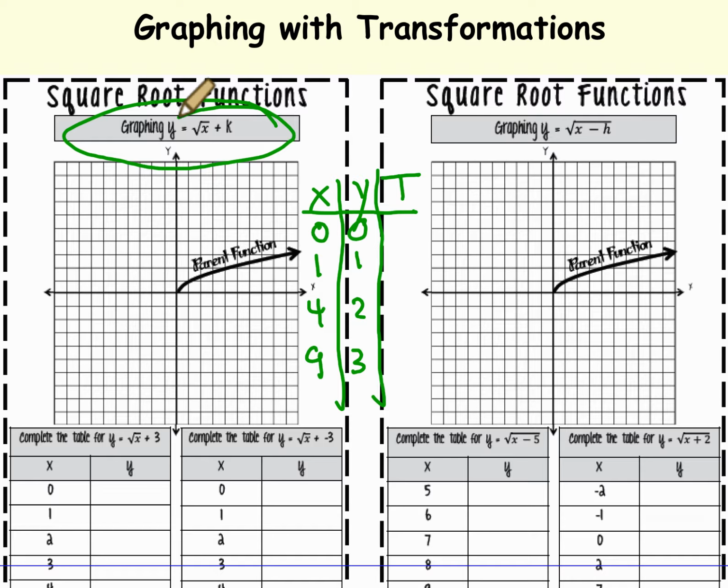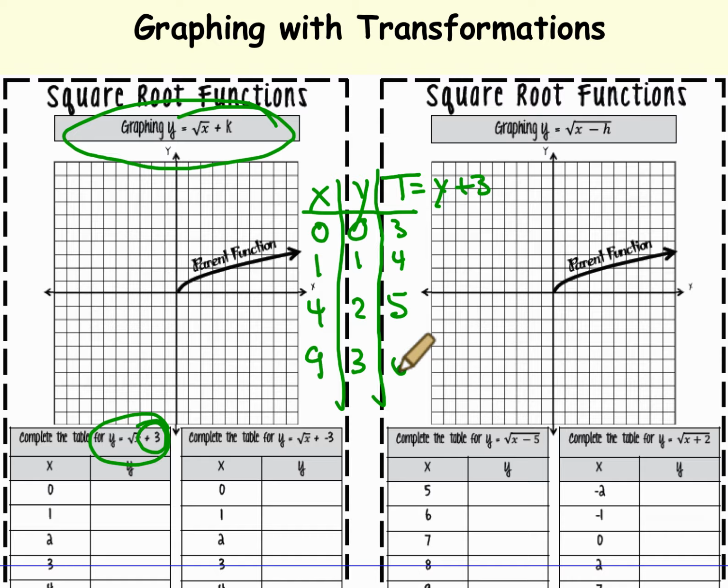I'm going to do this one first, and I'm going to do x plus 3. What this one is saying is that after I do the square root, I'm going to add 3 to every point. So my transformation is going to be my y plus 3: 3, 4, 5, 6. Now let's go ahead and graph those.